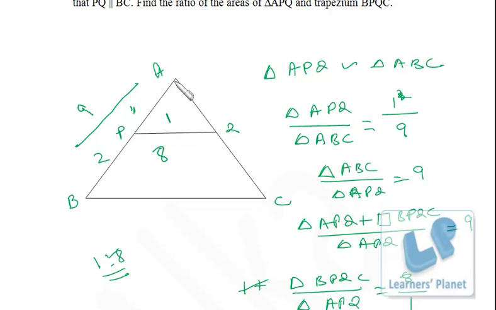This length is 1, this entire length will be 3. If the two triangles are similar, then their areas will be in the ratio of the square of their sides, so the ratio of area will be 1:9. Now this is 1, that means this is 8. As simple as that.